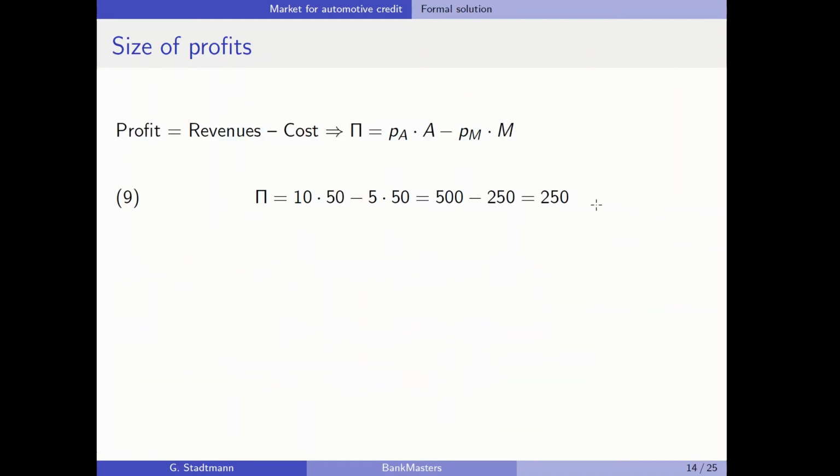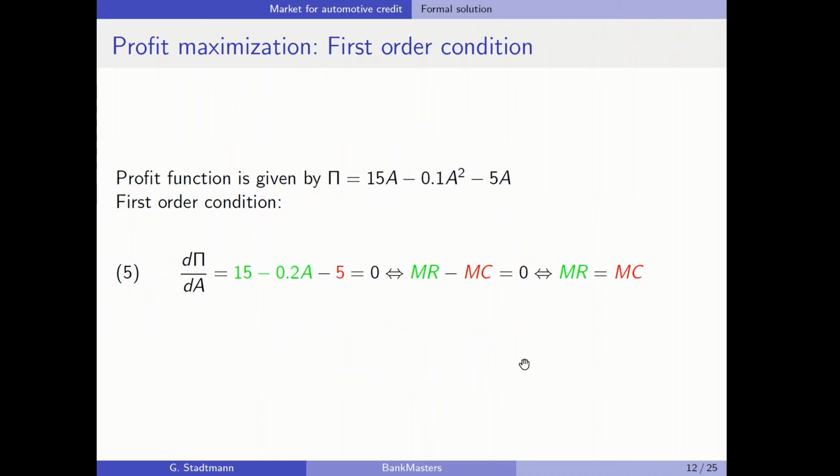We can see it on slide number 12. The green part is the marginal revenue relationship. It starts at 15, but then it has 2 times the slope of the demand relationship. So the slope of the marginal revenue curve is minus 0.2 times A.